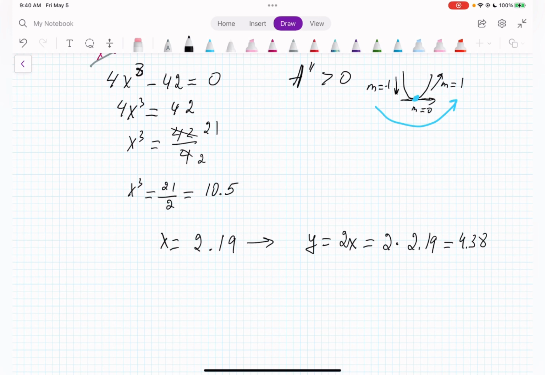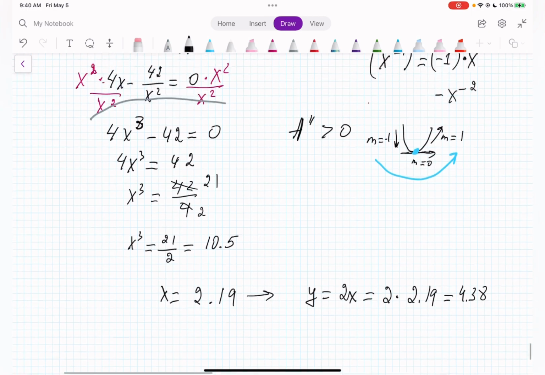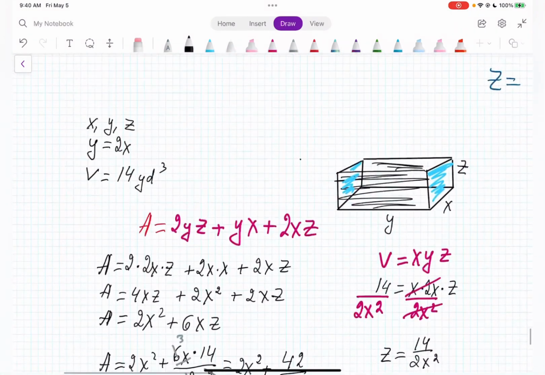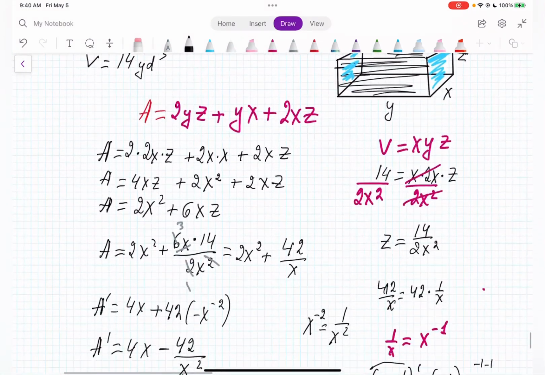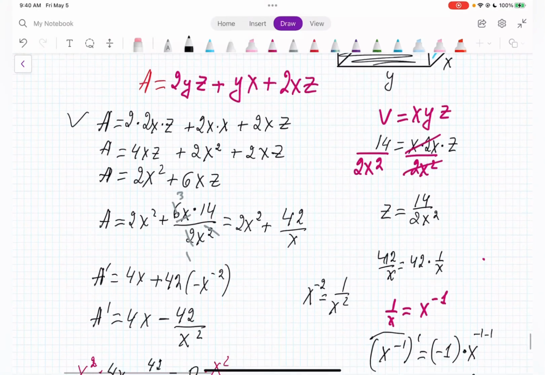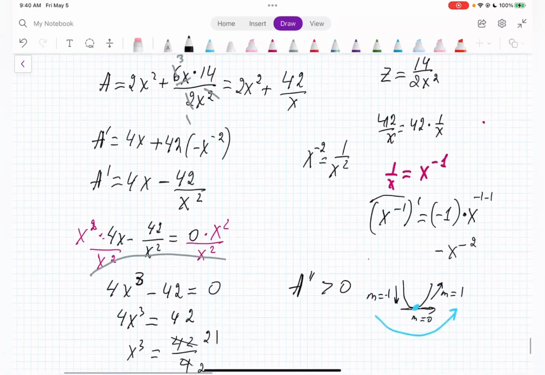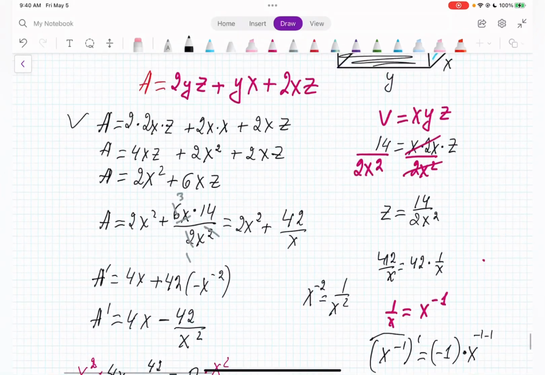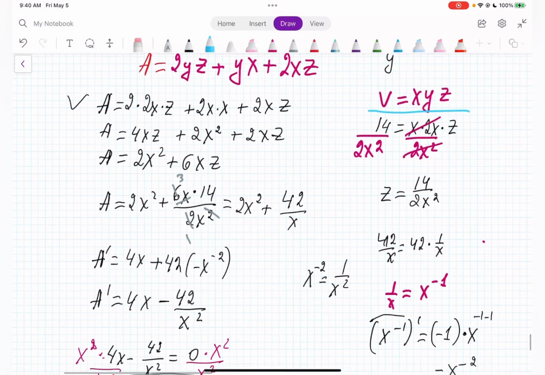Now we have x, we have y. We need to find z. Well, we have two ways to find z: we either can go through the area formula, or through volume. I think volume is going to be much easier.